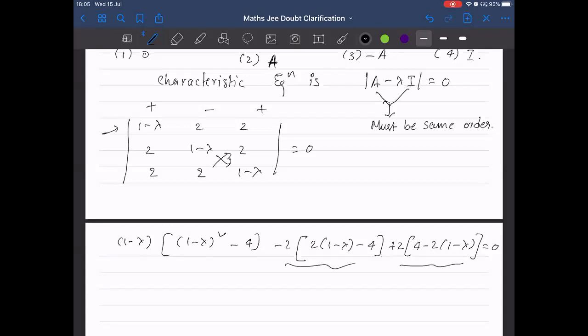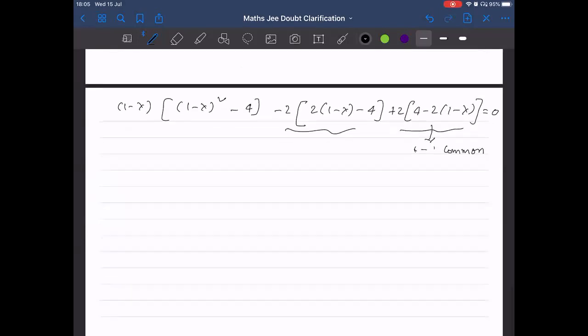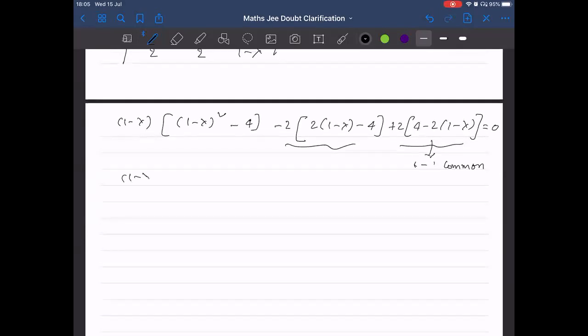So these two are looking almost the same. So why can't we take minus common from here? So it is (1 minus lambda) cube minus 4 into (1 minus lambda). Here, after taking minus common from this bracket, I would be getting the same term as this. So these two terms are almost looking the same.